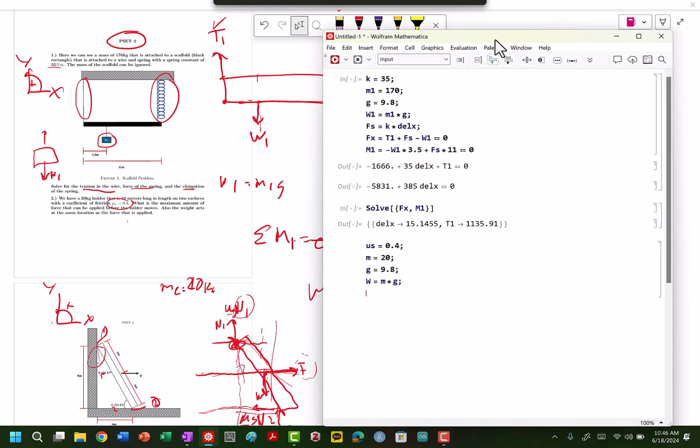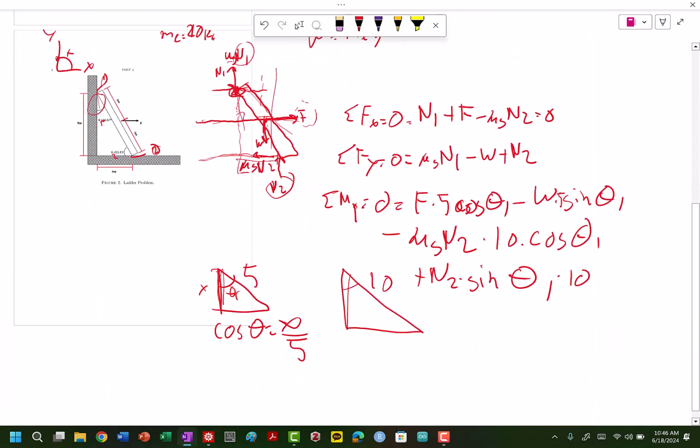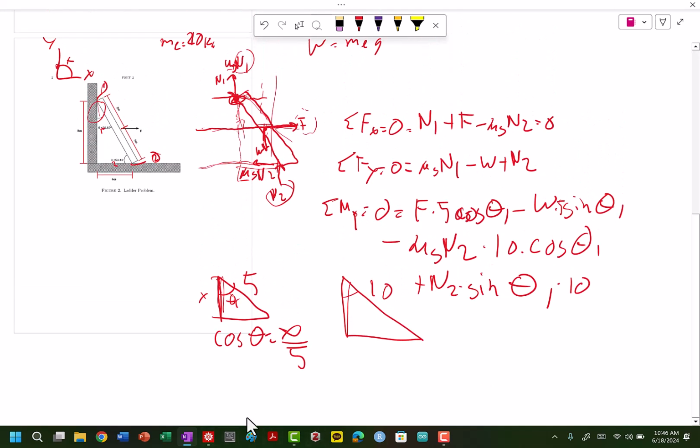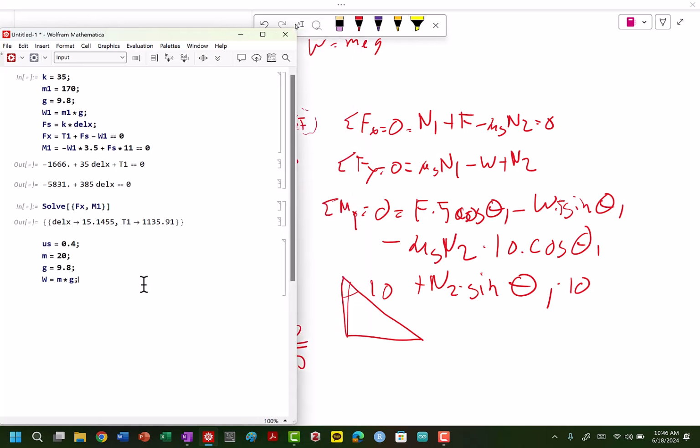Now we can look at our expressions and write them up here, and we can get moving. So Fx equals 0, set that equal to n1 plus f minus mu s times n2.